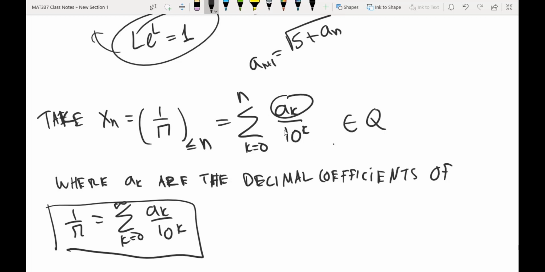Is it true that all nested intervals must be closed? I don't quite know what you mean. Like 0, 1 over n.